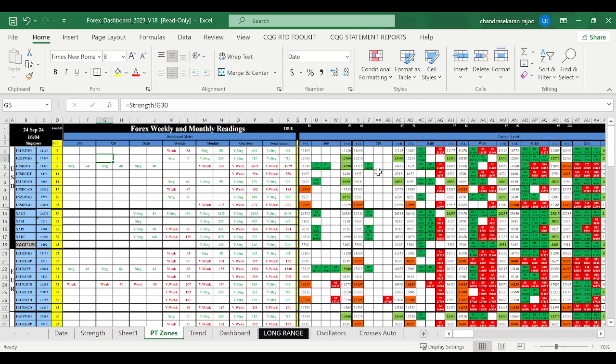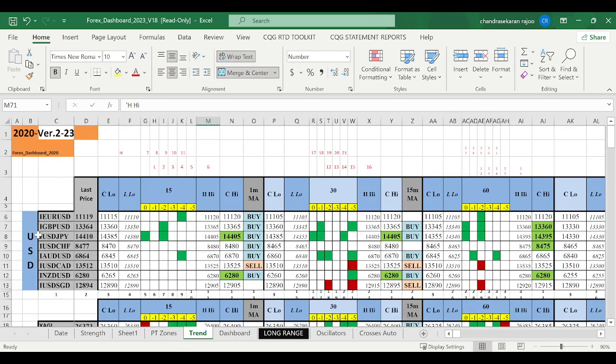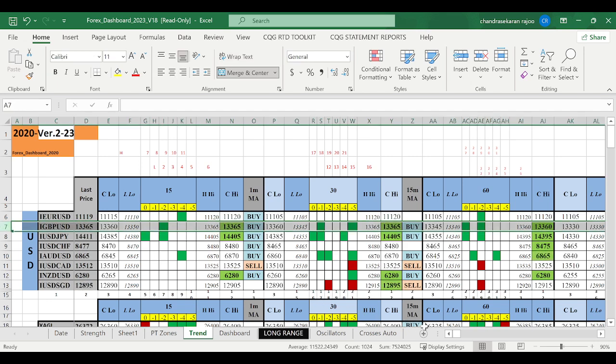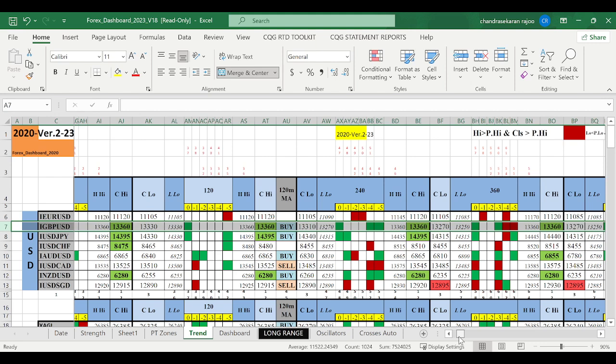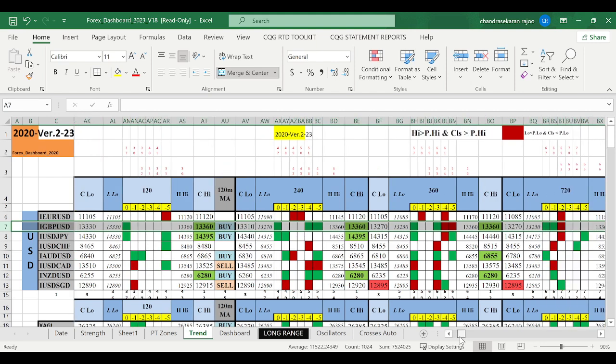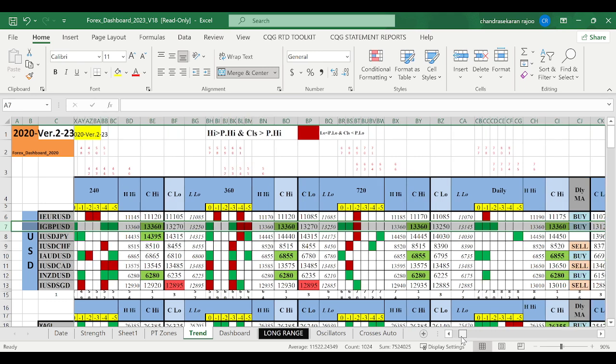The levels we are looking to sell are near daily RC2 or RR2. These are the two levels we can look to sell. Let me check on the trend map, which is giving you up on the 360 and daily.